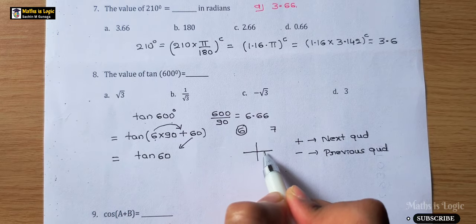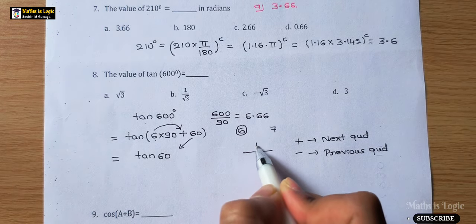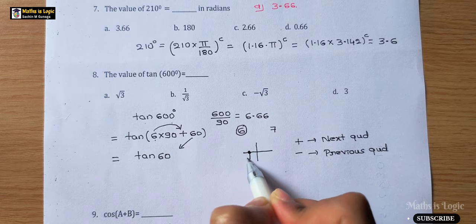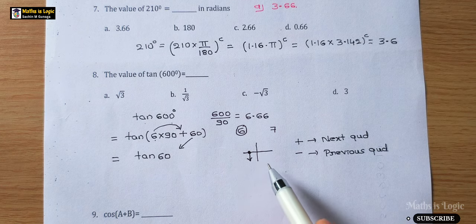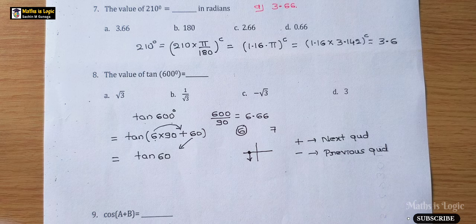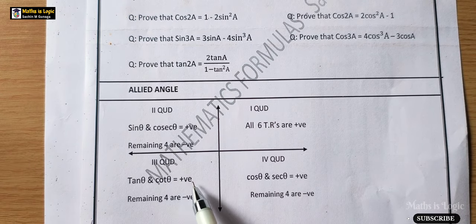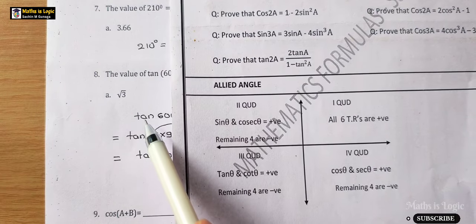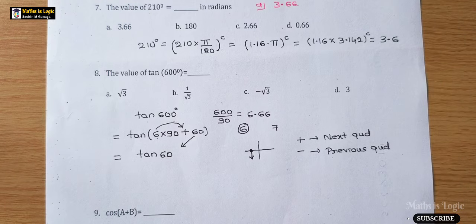So 6 plus means start with 0, 1, 2, 3, 4, 5, 6. Till here it will come. Plus means it will go to the next quadrant, that means the third quadrant. So we know in the third quadrant, tan and cot are positive, remaining 4 are negative. So which trigonometric ratio is here? Tan. Therefore tan is positive in which quadrant? Third quadrant.